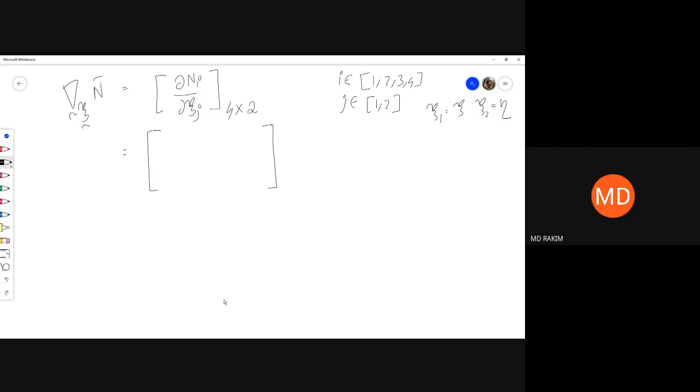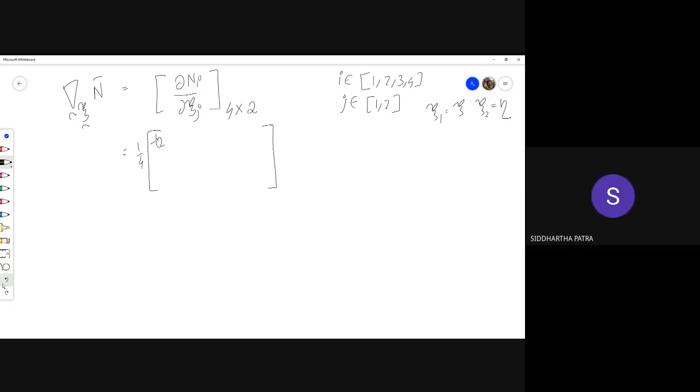It is a one by four matrix. Then minus, eta minus 1, meaning minus times (1 minus eta).